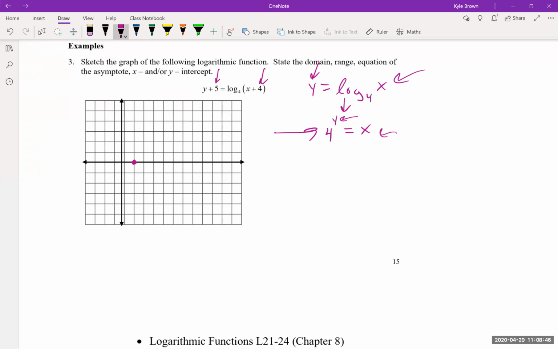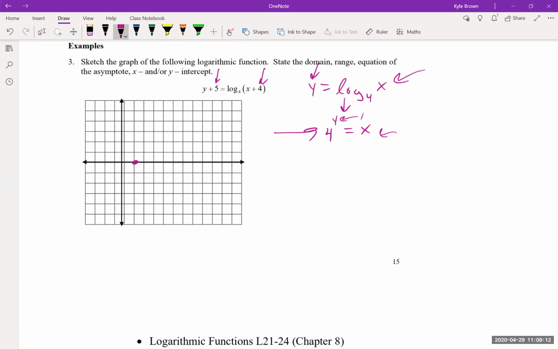And if you remember, that's kind of a telltale sign of a logarithmic function, right? Exponential functions would have passed through (0, 1). Logarithmic functions pass through (1, 0), right? They're inverses of each other. So I know that that's going to be a point on my base function. Now let's throw in 1, right? Throw 1 in for y.